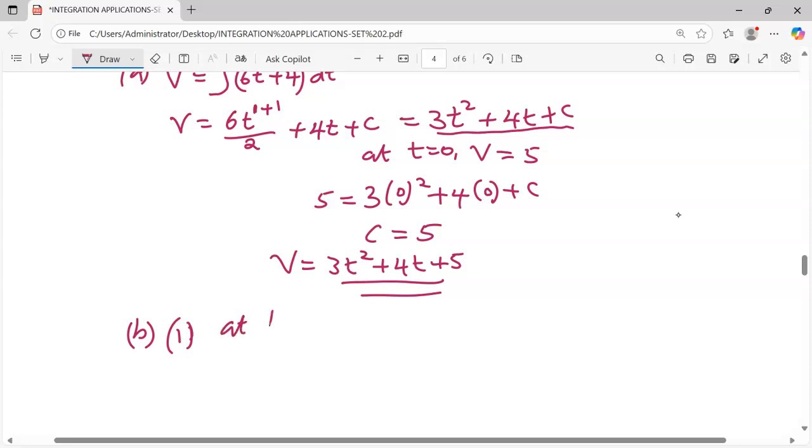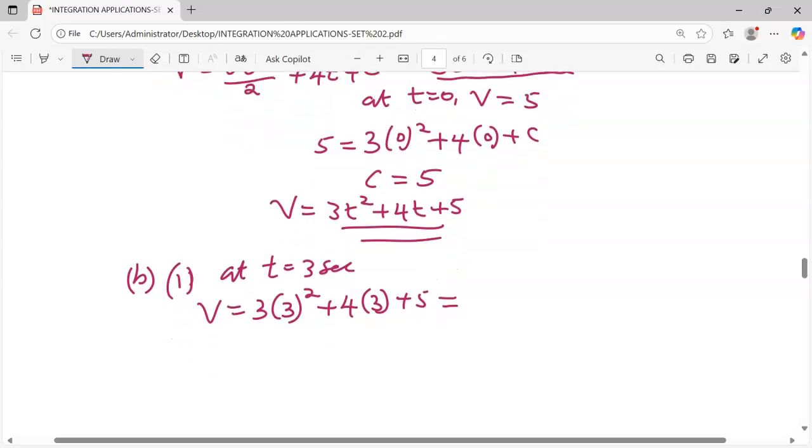Therefore, at t equals 3 seconds, the velocity is going to be equal to, we take the velocity function and replace the value of t, which is 3 squared plus 4 times t, which is 3, plus 5.